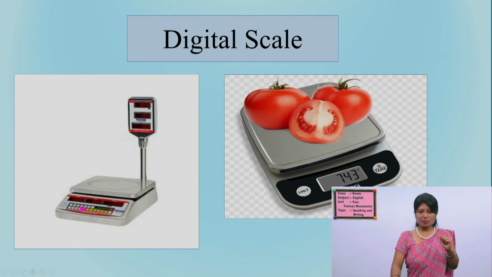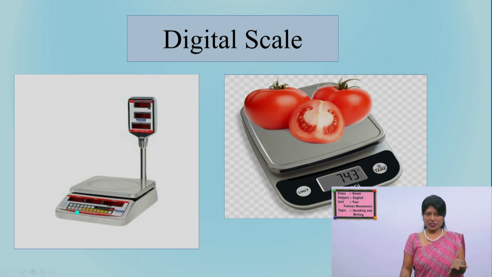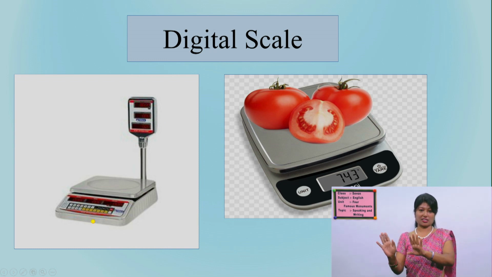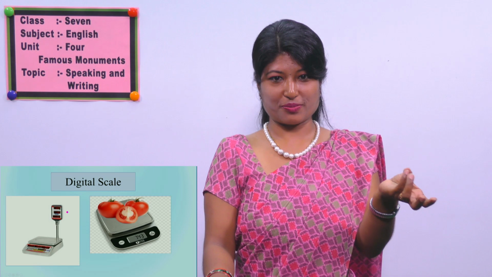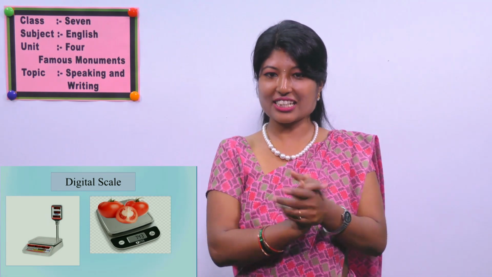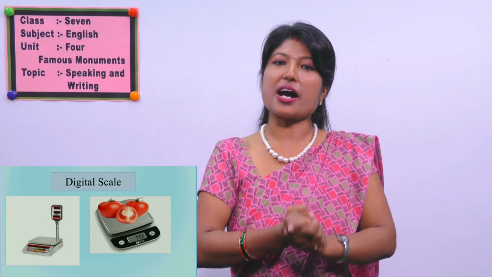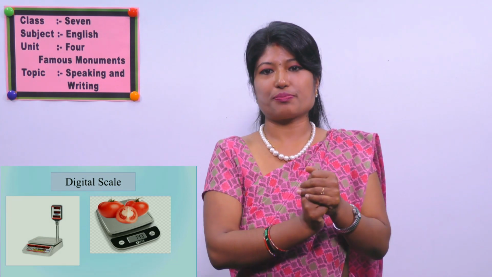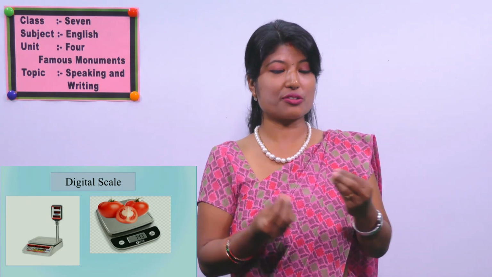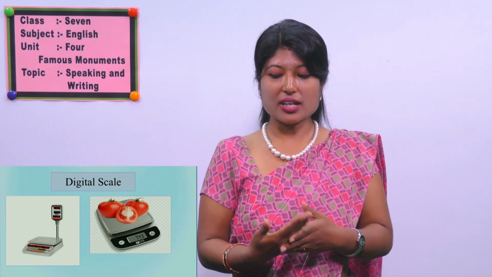We can calculate money as well. So we don't need calculators separately. We press buttons over here and then it gives the calculation of money as well. So how much it costs, the money also it shows. So it is very easy these days. Alright? Okay. So this is the way we buy vegetables, and many other grocery items we buy in this way.